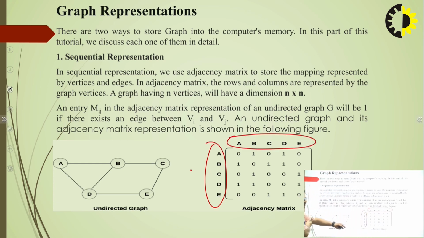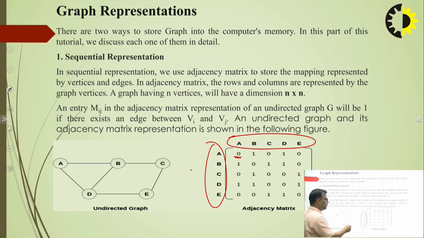Through this we will maintain the adjacency matrix. Again A to A, value 0, because from A to A there is no connection, no adjacent vertex. Then A to B is value 1. Whichever vertices are connected, adjacent, we will consider as 1, and if not, we will consider 0. So A to A 0, A to B 1, A to C no connection so 0, A to D connection so 1, and A to E no connection so 0.